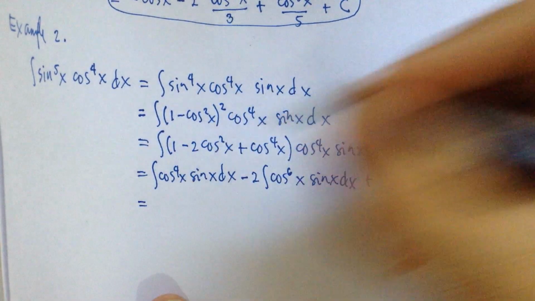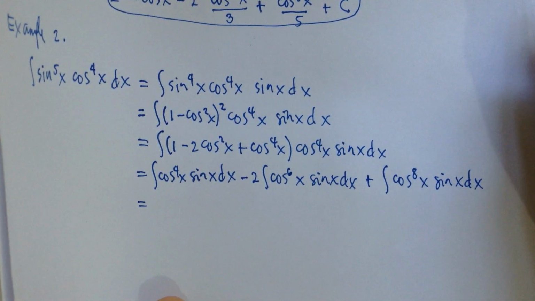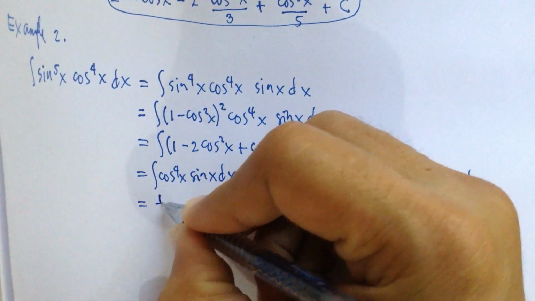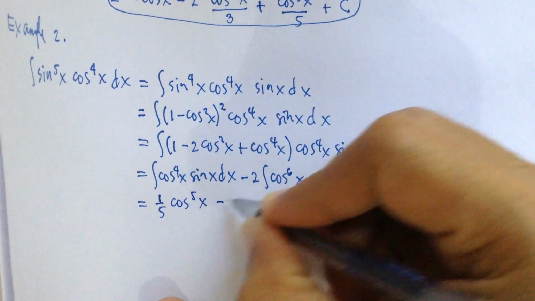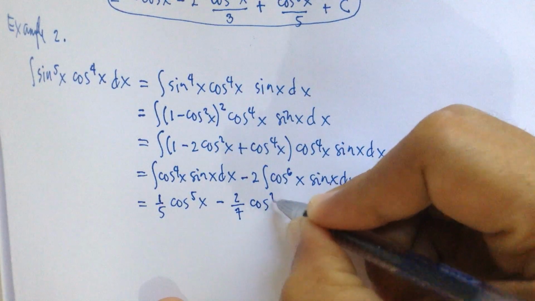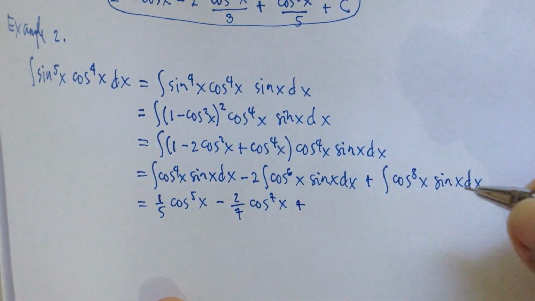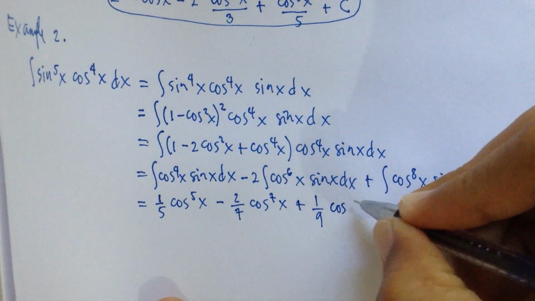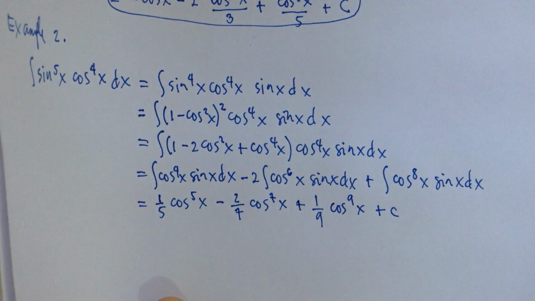And so this is now in the form of the integral of u to the n du, so therefore this is 1/5 of cosine to the 5 of x minus 2 over 7 cosine to the 7 of x, then plus this one is 1 over 9 cosine to the 9 of x, then plus c.